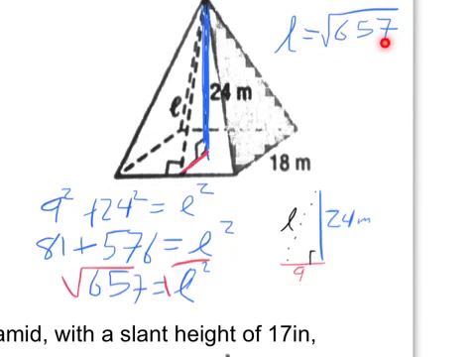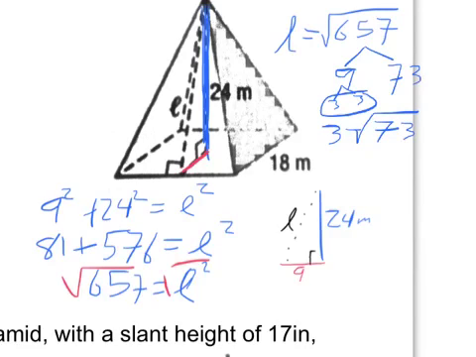And I know 9 is a perfect square, so let's break that down. So if I was to divide this thing by 9, I think I'd get 9 and 73. 73 doesn't break down, but 9 does. It breaks down to 3 and 3. So there's my pair. So I have 3 rad 73 as my slant height. And that would be the simplified way of writing that.